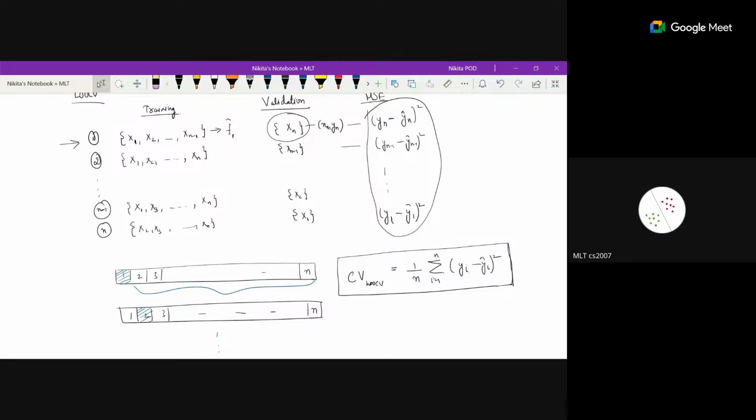So you have to fit the model n times on different data sets. This can be quite computationally expensive, because you have to fit it many times. So leave one out cross validation is generally used when you have a smaller data set, let's say 50 or 100 observations. In that case, this works well.